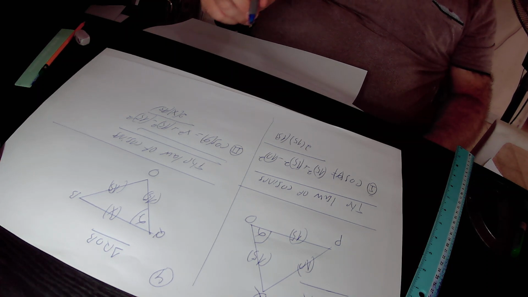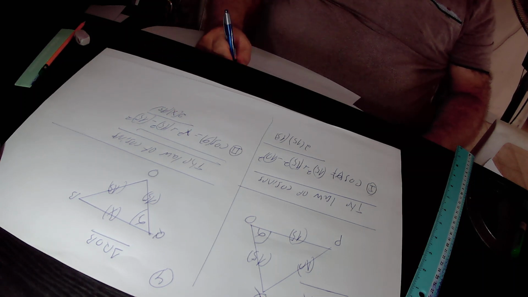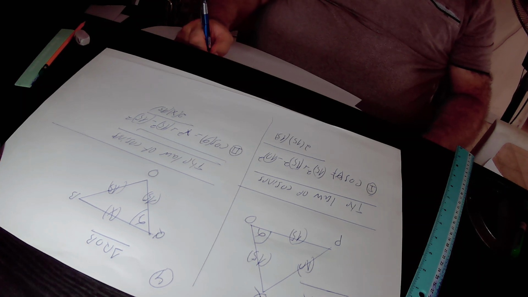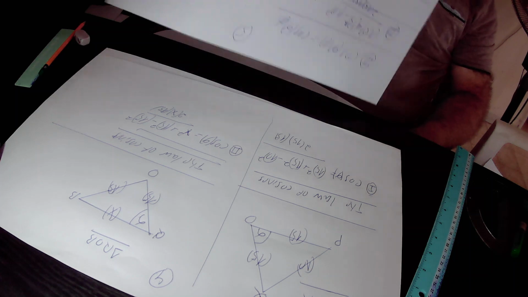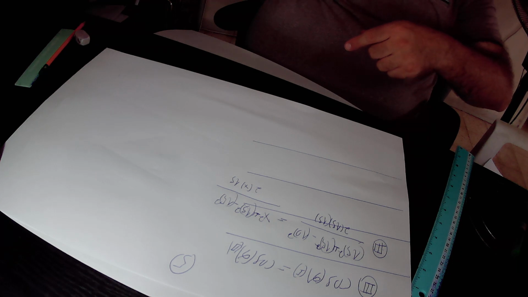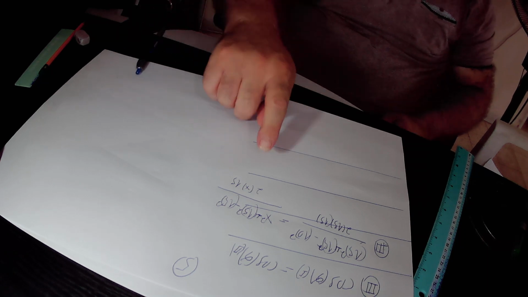And it must be equal to cosine alpha according to equation 2, which equals x squared plus 15 squared minus 15 squared over 2 times x times 15. So this is equation 3.